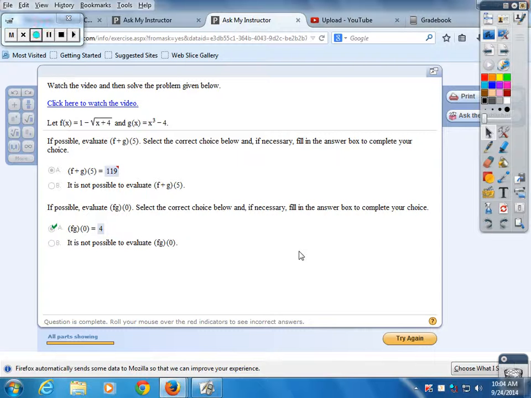So first of all, write it down and then I'll clear the screen. 1 minus the square root of x plus 4, that's f of x, and then g of x is equal to x cubed minus 4. Because I can't copy and paste when it's transparent.